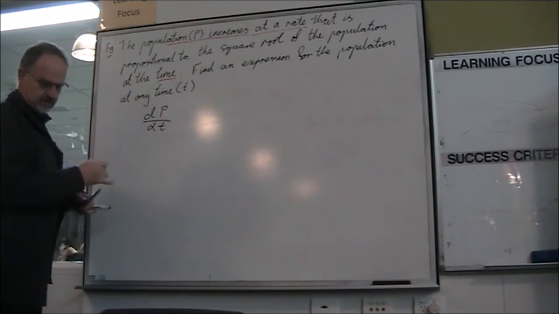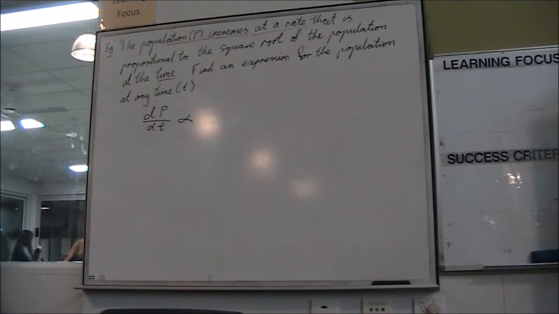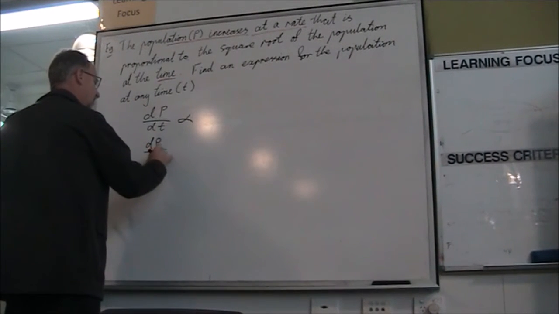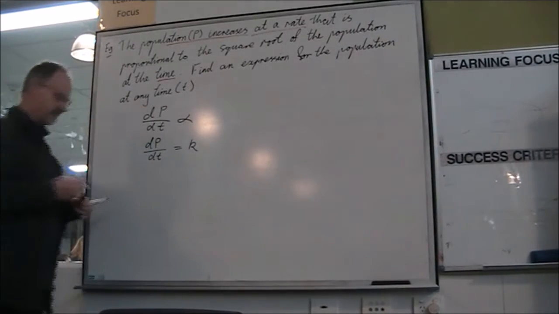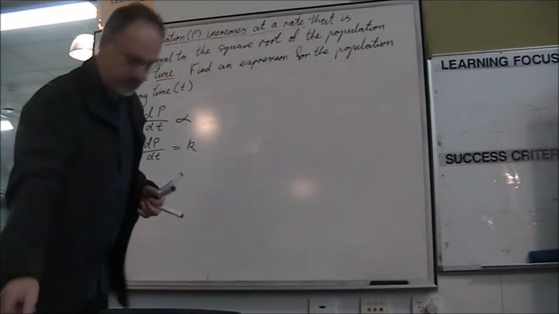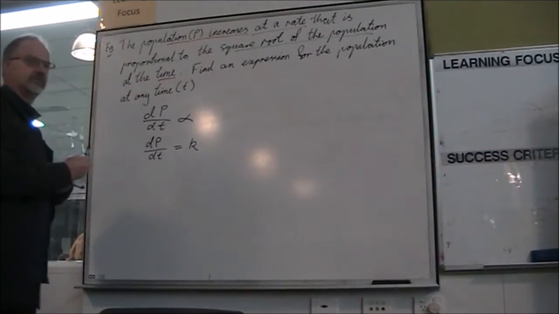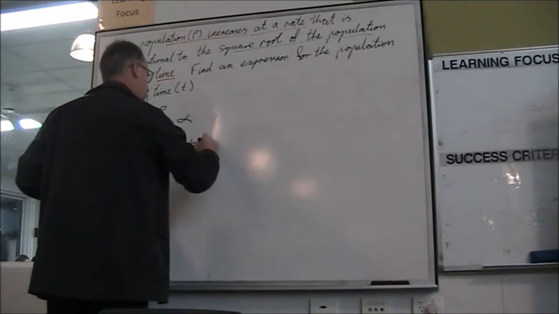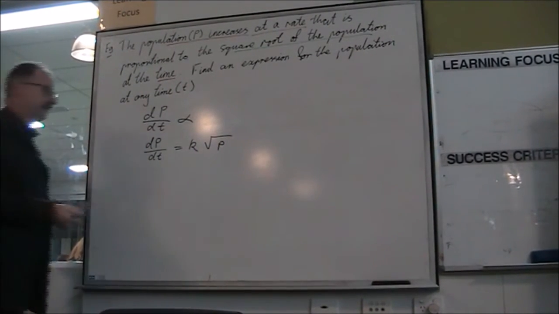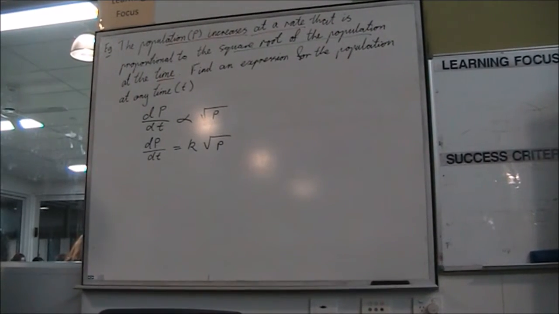Proportional to is this little alpha. But as I already mentioned, when we go and do the sum, we replace that by equals k. And what is it proportional to? Well, it's the third bit, the square root of the population. So there's our differential equation.